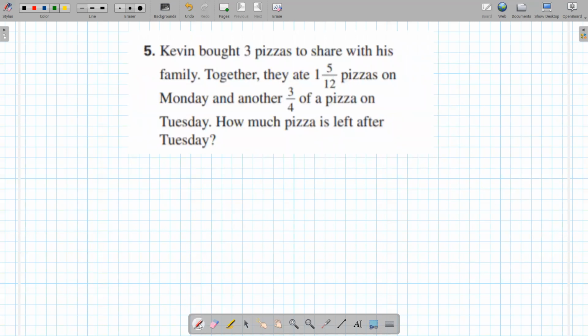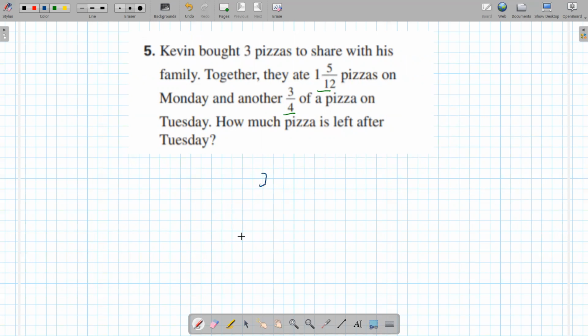Kevin bought 3 pizzas. Together they ate 1 5/12 on Monday and another 3/4 on Tuesday. How much pizza is left over? Do you just subtract from 3?